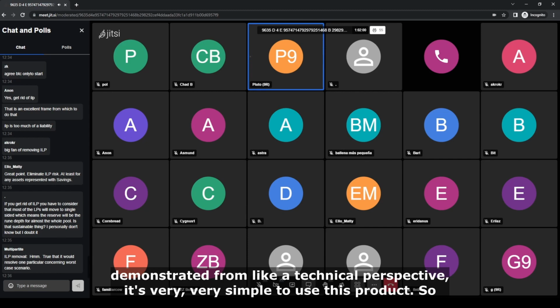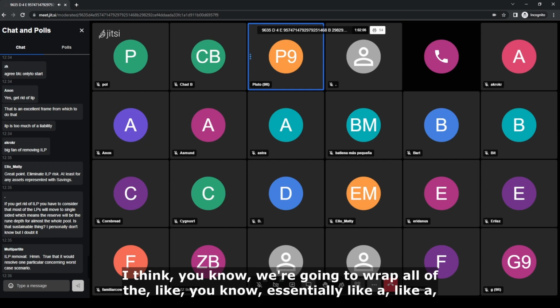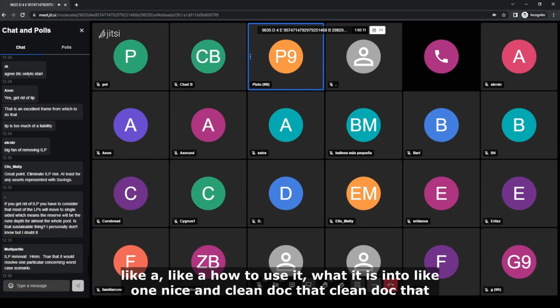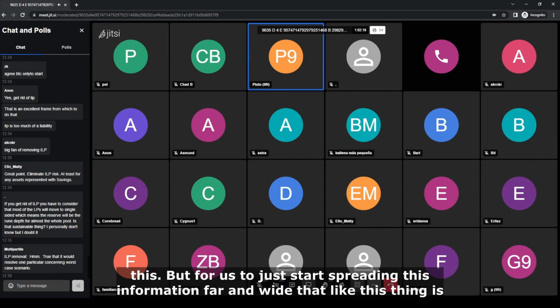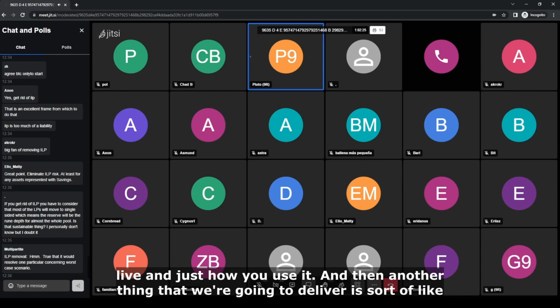As we demonstrated from a technical perspective, it's very simple to use this product. So we're going to wrap all of that into one nice and clean doc that we're going to distribute to all the integration partners who have been asking about this, to start spreading the information far and wide that this thing is live and this is how you use it.